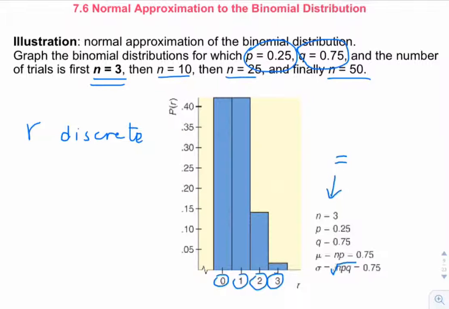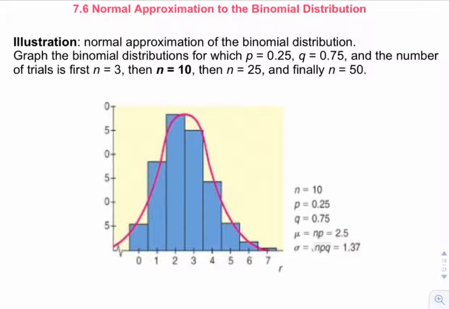Okay, so let's see what happens if we change n, if we do more trials. The P and Q are not changing, but we're just going to run the experiment more times. We're going to look at n is 10. So now we have 0, 1, 2, 3, 4, 5, 6, or 7 showing.